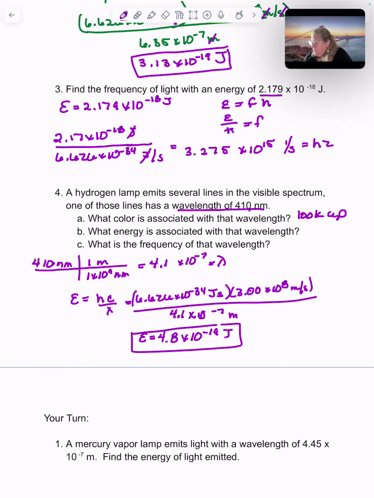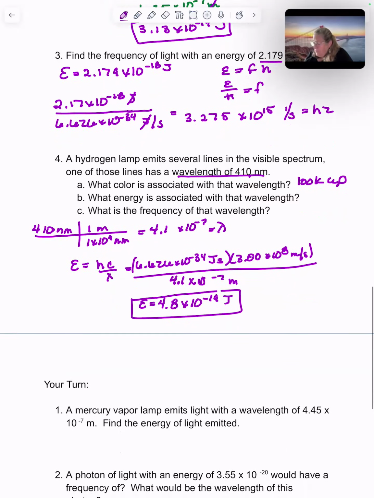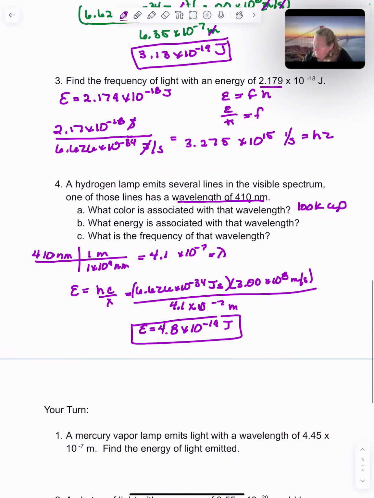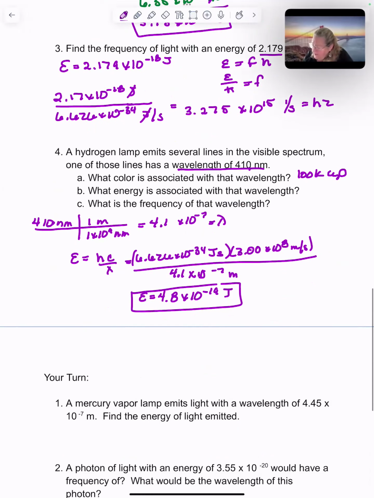We need to find its frequency. Well, we can solve for frequency a couple ways. Speed of light is frequency times wavelength. Let's do it that way this time. So speed of light, 3.00 times 10 to the 8th meters per second.